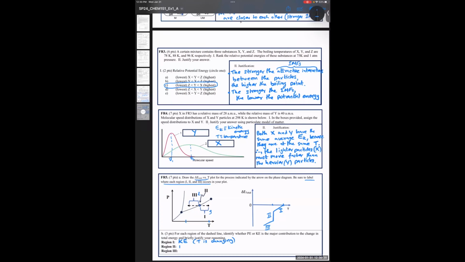The justification: during phase transitions, T remains constant, but the potential energy changes.